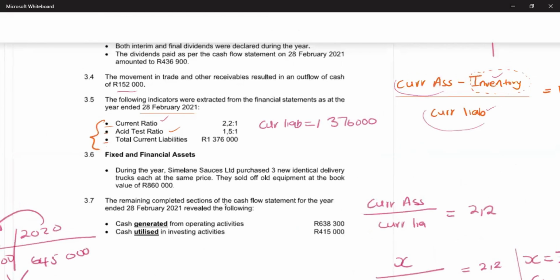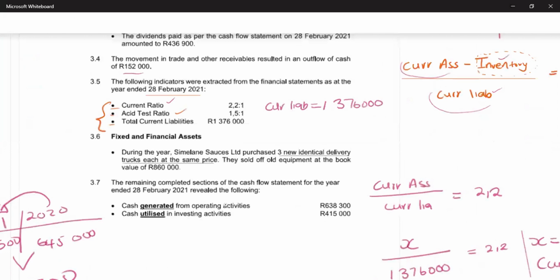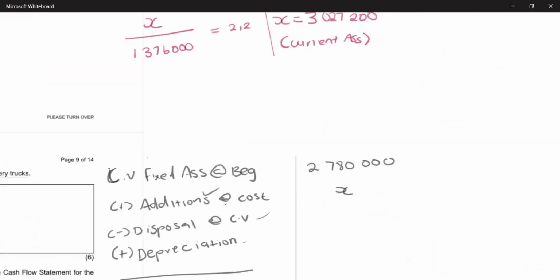During the year, we purchased 3 new identical delivery trucks at the same price. Now let me see what the question wants. Determine the purchase price of one of the trucks, so here they want the purchase price of one truck. Okay, it's fine, we're going to do that. Now they sold old equipment at the book value, which is the same as carrying value, of 860,000. So this is what I need here: minus my disposal at carrying value, book value, 860,000.